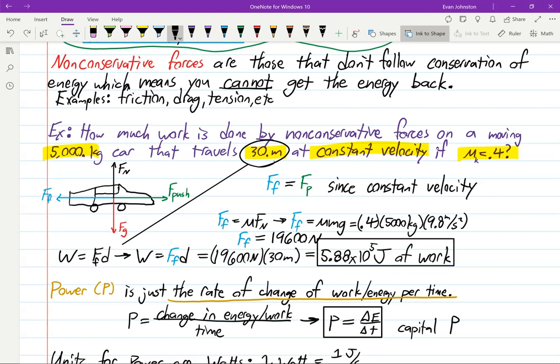So this is kind of a throwback question now. What is the force of friction? Well, we could look back at our AP equation sheet and find that friction is mu times the normal force. But we already said that the normal force is equal to gravity, and gravity is just m times g. We know the mass, it's right here, this is 5,000.